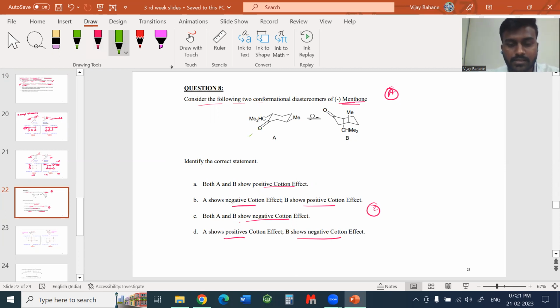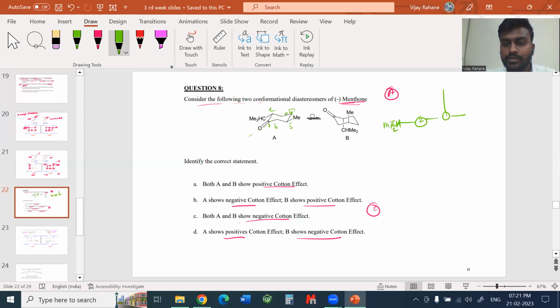If you see from this side, always keep in mind, when this carbon is at the leg of the chair, the compression gap we need to change, right? So from this one, if you see, we'll give numbering 1, 2, 3, 4, 5, 6. So here will be the 1, that carbonyl, carbon 1. On the left side, you can see here is 2, and at 2, equatorially, the group is attached, CHMe2, right?